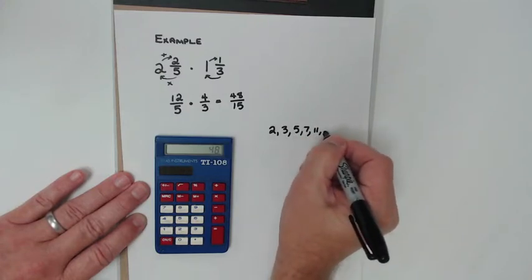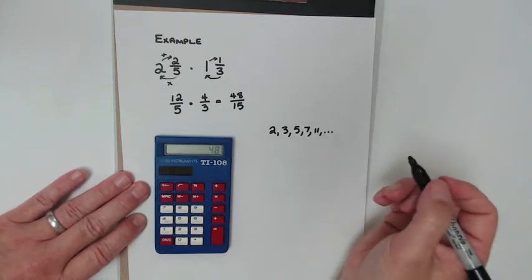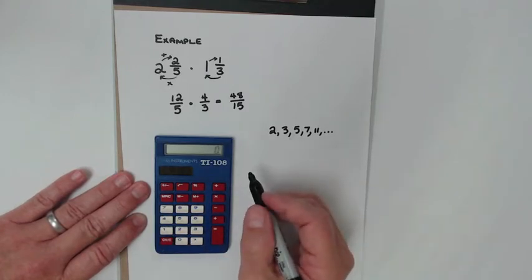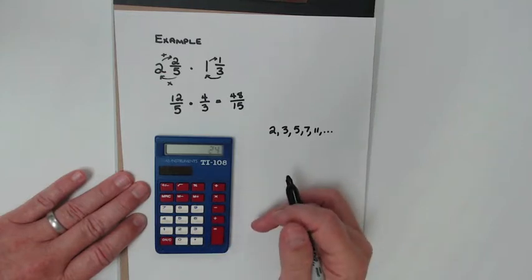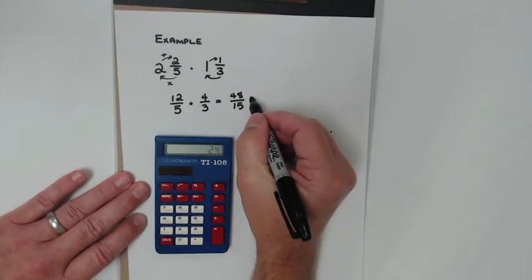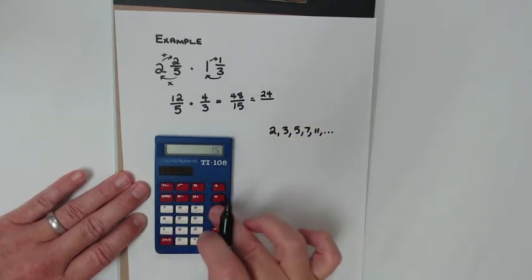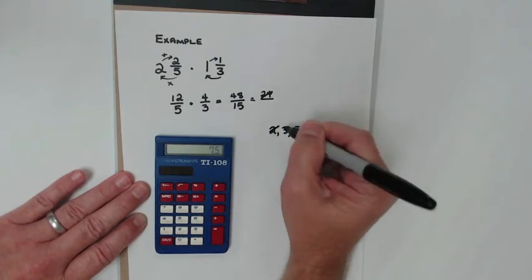Let's see if 2 will go into 48. 48 divided by 2 works, but will it work for 15? 15 divided by 2 gives a decimal, so 2 is not working.